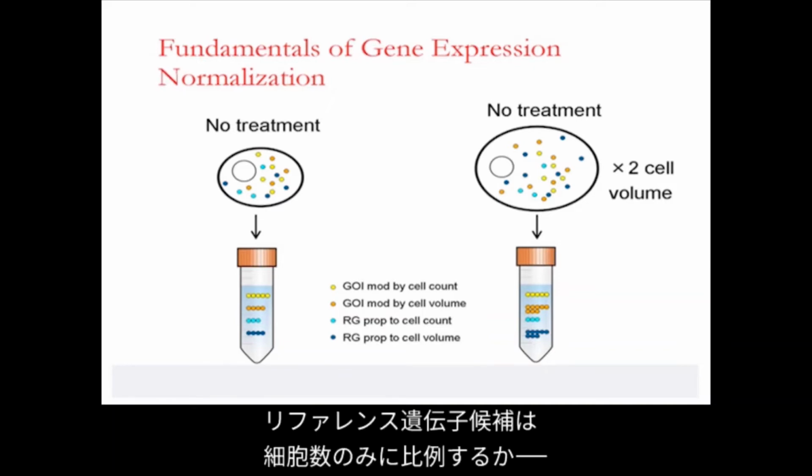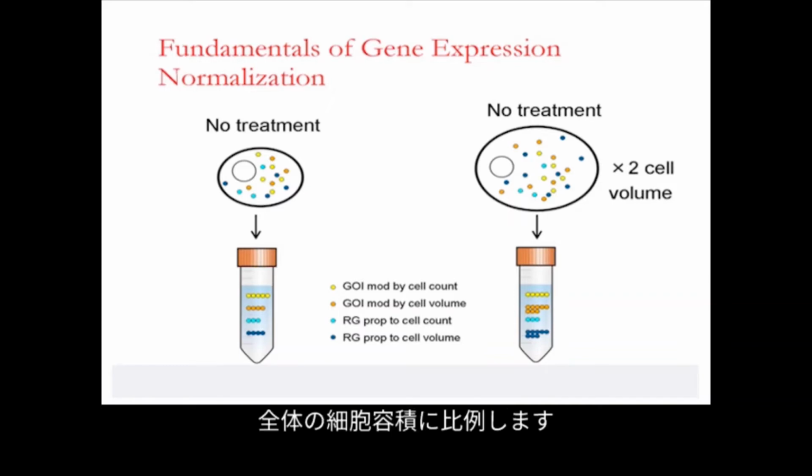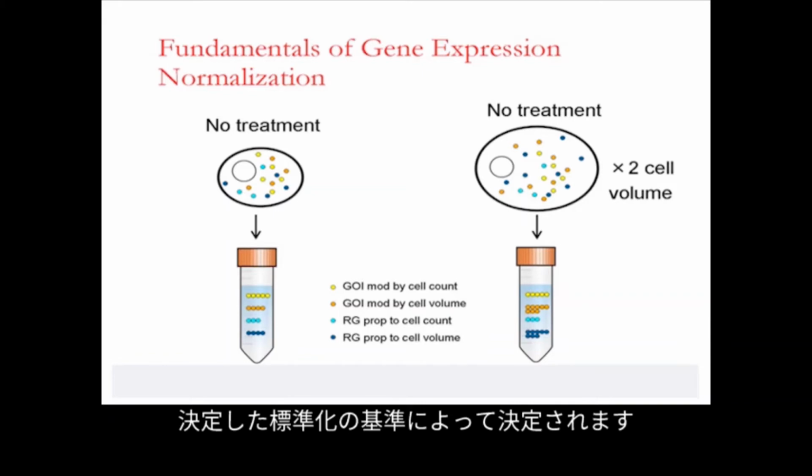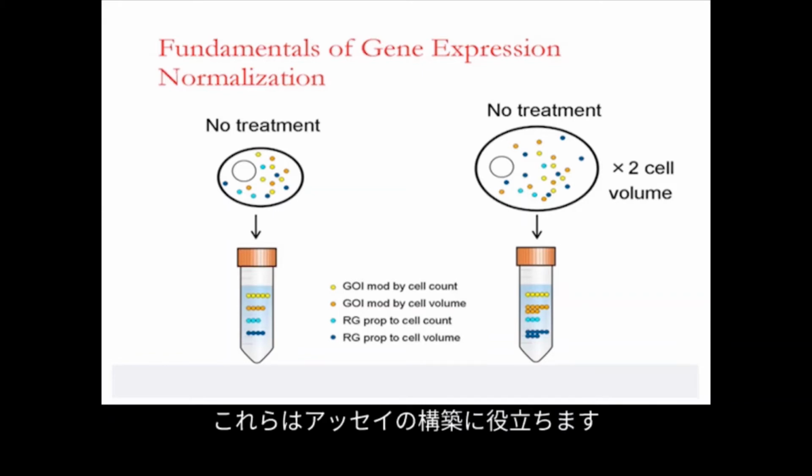We may observe reference gene candidates that are proportional to cell count alone, or proportional to overall cell volume. Which reference gene to use then comes down to the specifics of the assay and the desired normalization base. This may benefit from some thought in preparation for an assay.